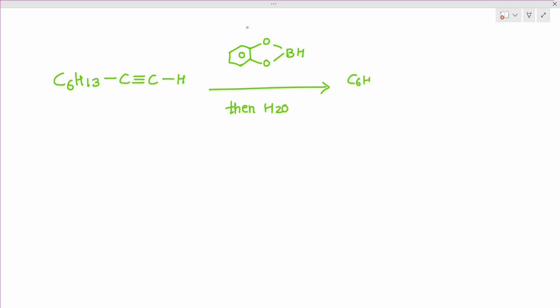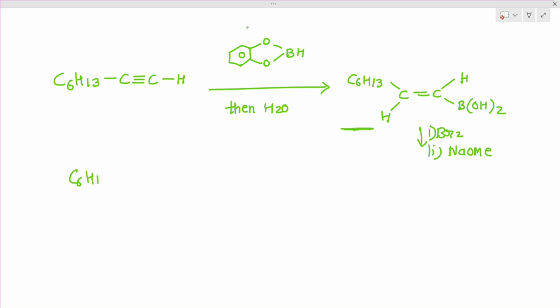I am writing here the product because we have made this product in the previous reaction, so we can write it as it is. Now it is treated with Br2 firstly and then with NaOMe. Then what product you are getting? So we are starting from here. C6H13 H C double bond C H B(OH) whole twice. This is our first compound.